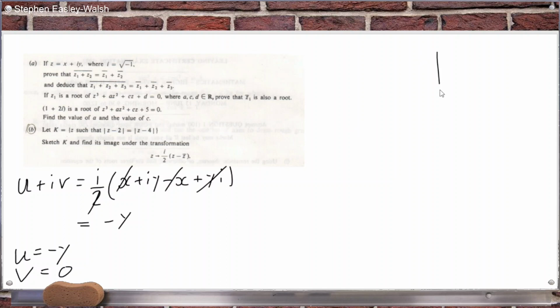So there is 2 and there is 4, and the distance between z and 2 and z and 4 have to be equal.